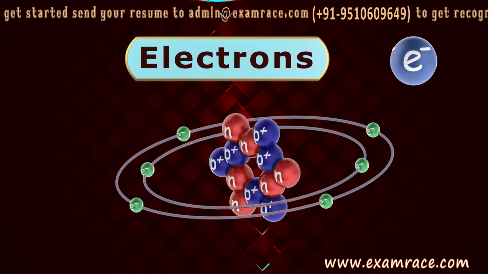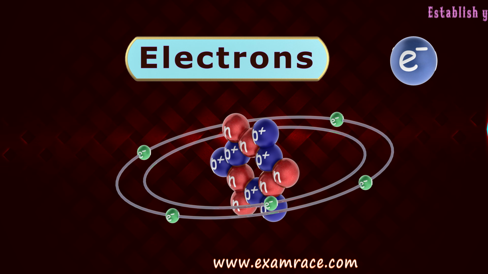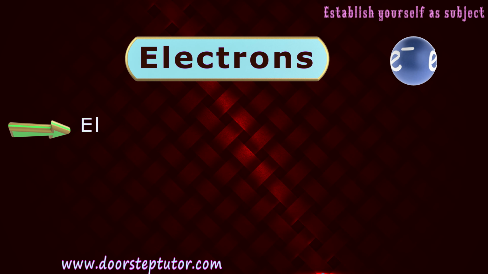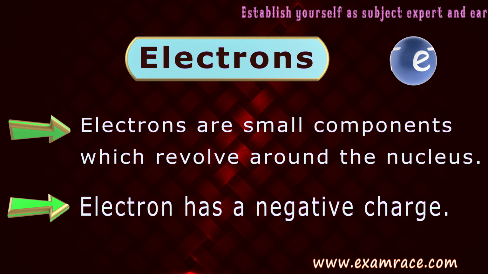Now you can also see some green balls around the nucleus in circles. These green balls have a negative charge. They represent electrons, which revolve around the nucleus and have a negative charge. So what are electrons? Electrons are the smallest components which revolve around the nucleus and they have a negative charge.